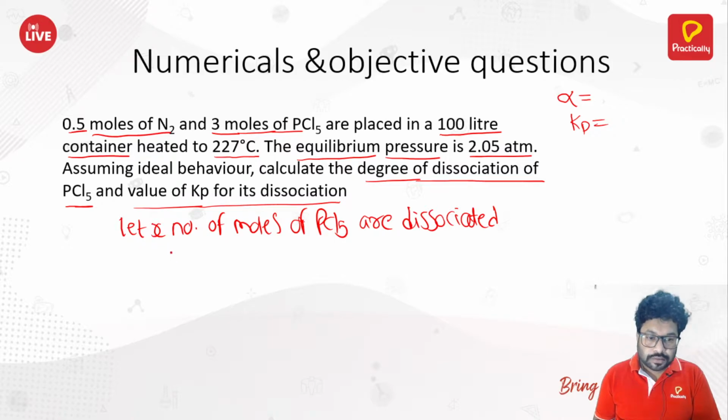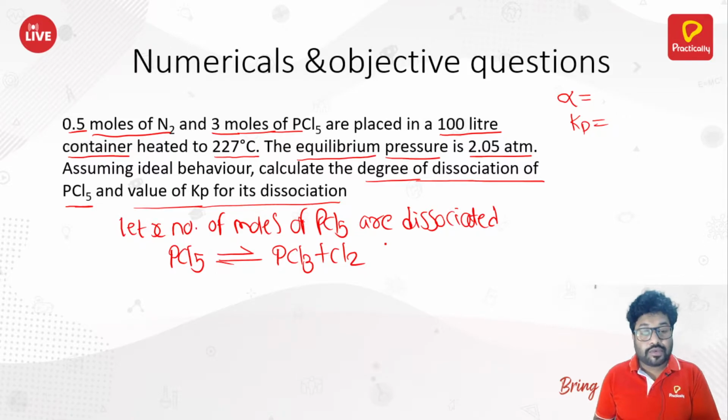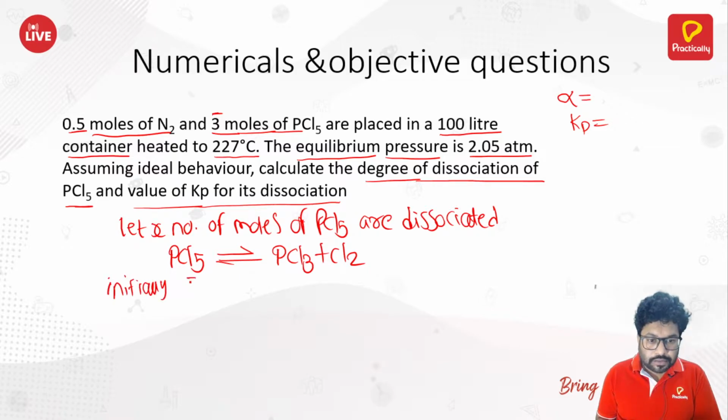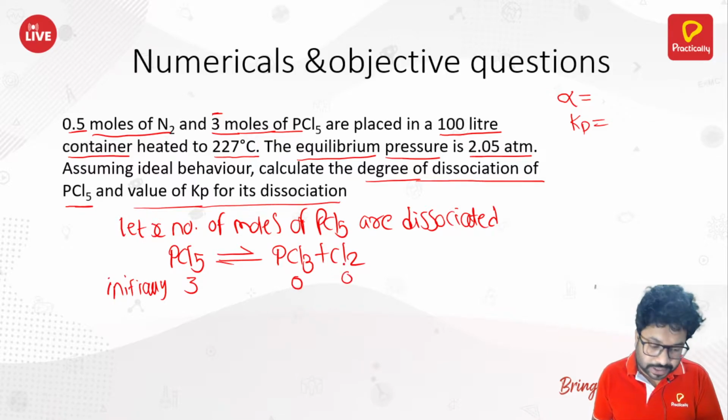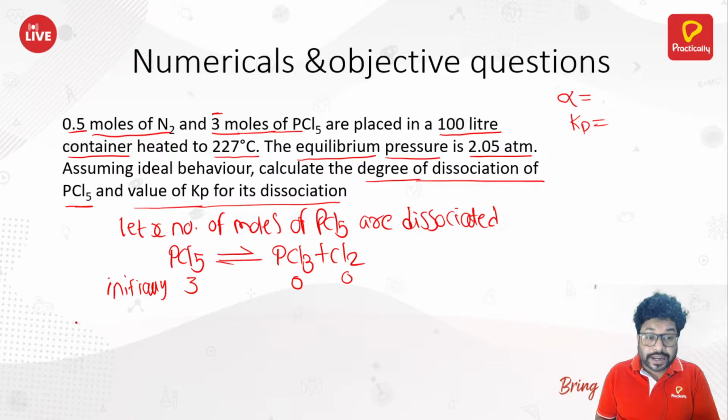PCl5 dissociates to give PCl3 plus Cl2. Initially we have 3 moles of PCl5, 0 moles of PCl3 and 0 moles of Cl2, because they haven't formed yet.